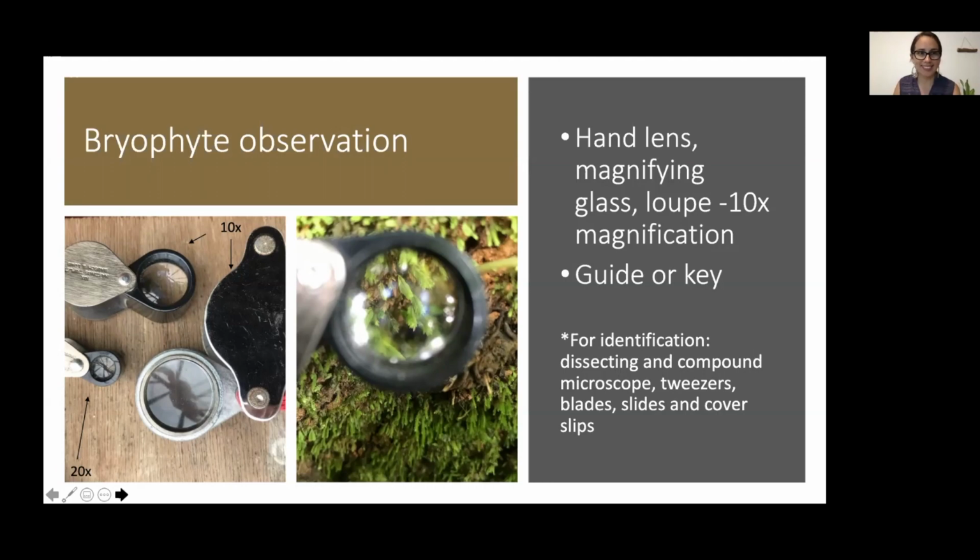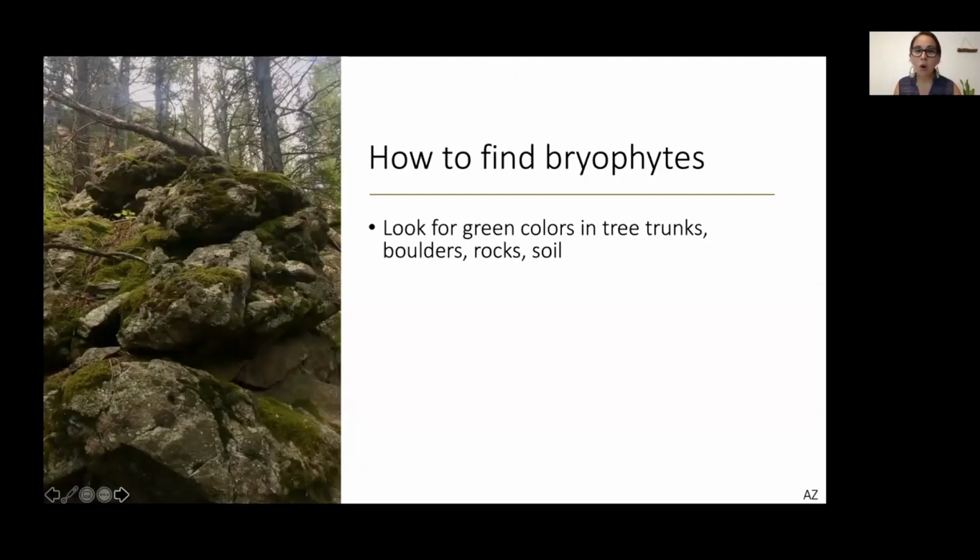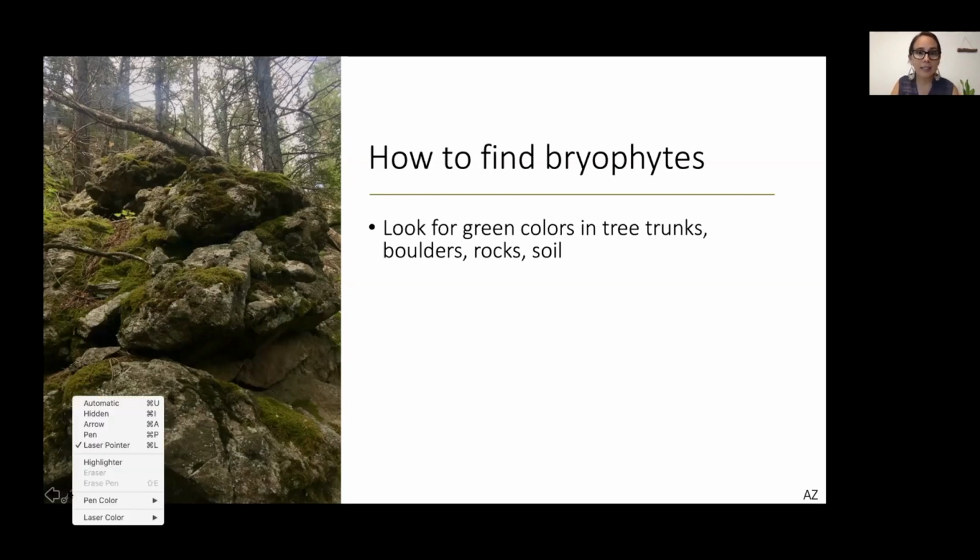Okay, next. So how do you go out and find bryophytes? This image here, I believe, is from Arizona. No, this is in the fall, actually, or August. But what you're going to look for are greens and shades of green.